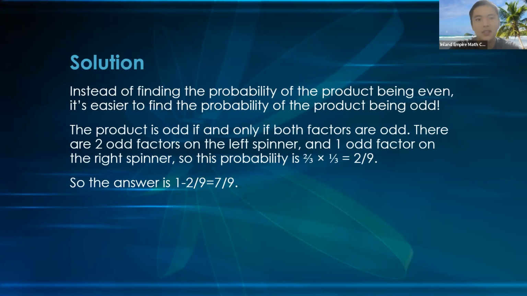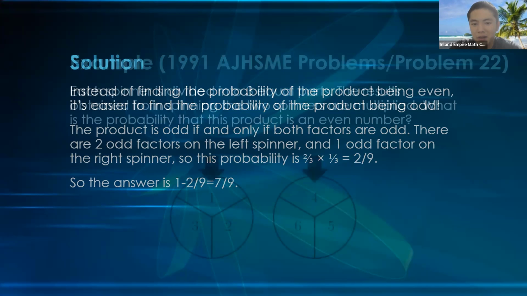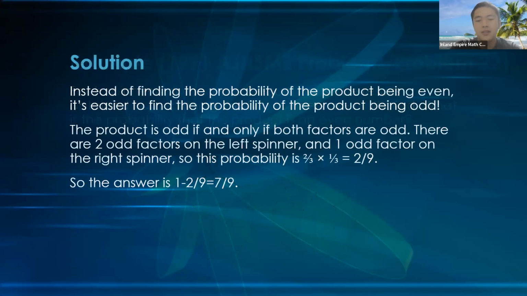It's going back to the card problem. We have 2 odd numbers over 3 total numbers times 1 odd number over 3 total numbers gives you the answer. So that means the desired probability of both of the numbers being even is simply the probability that both of the numbers are not odd, which is just 1 minus 2/9, giving us 7/9.